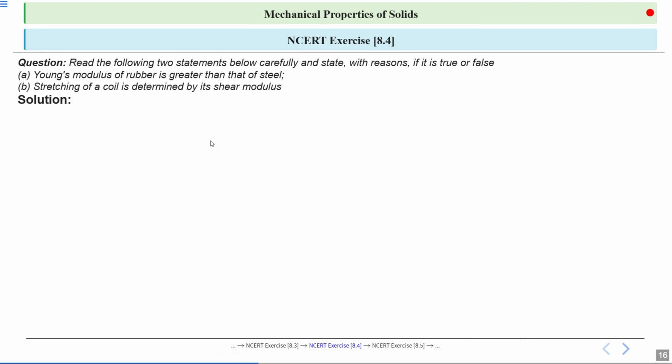Let's see the solution. First, let's focus on statement A. Young's modulus of rubber is greater than that of steel. We will analyze whether this is true or false and then discuss the reasoning behind it.